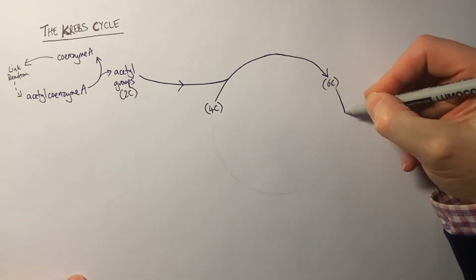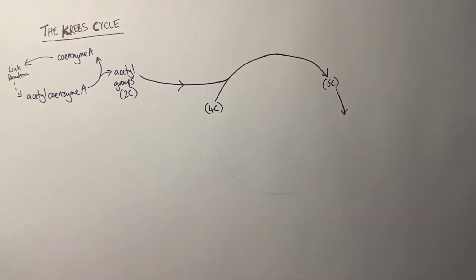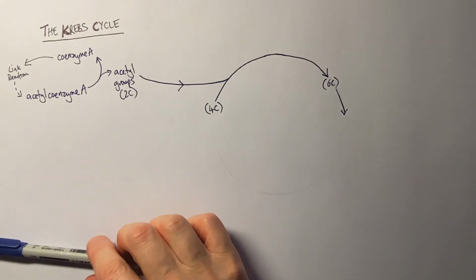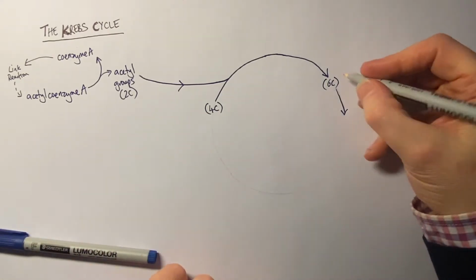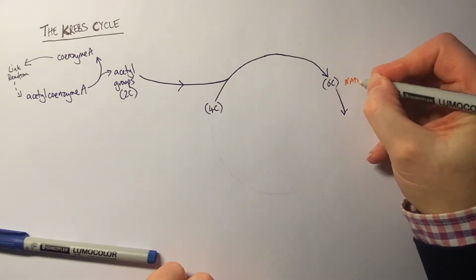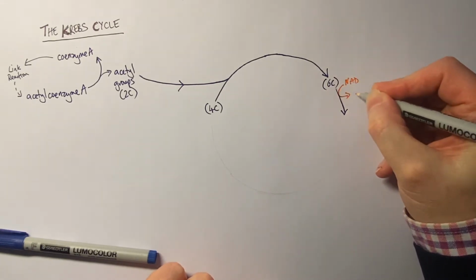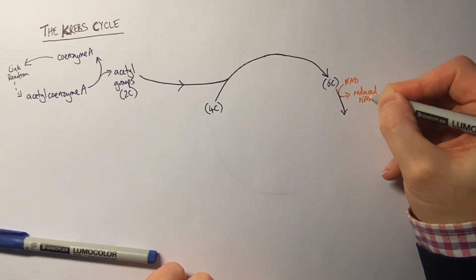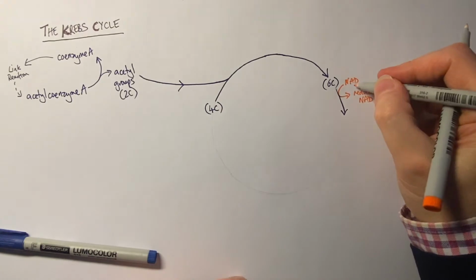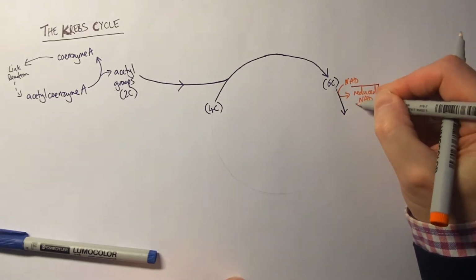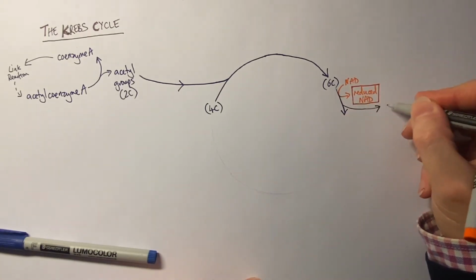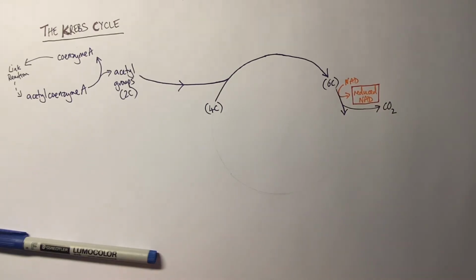The first reaction that takes place is something which hopefully you will be familiar with, and that is the loss of hydrogen to NAD to form reduced NAD, and that is a source of chemical potential energy which we'll use later on, and the loss of carbon dioxide.